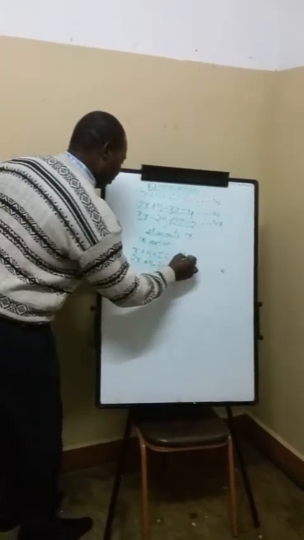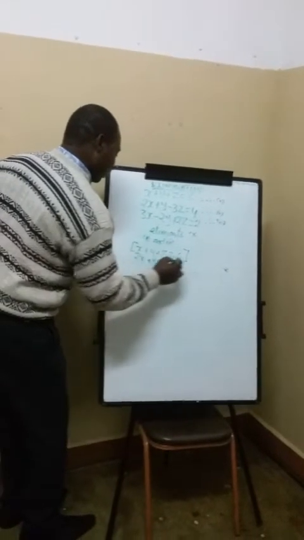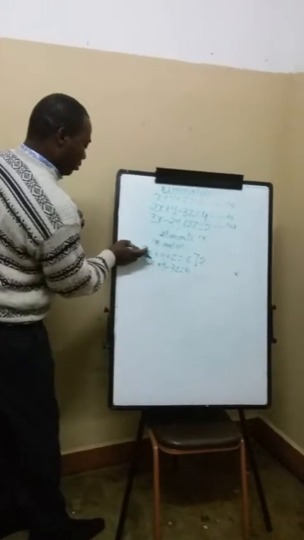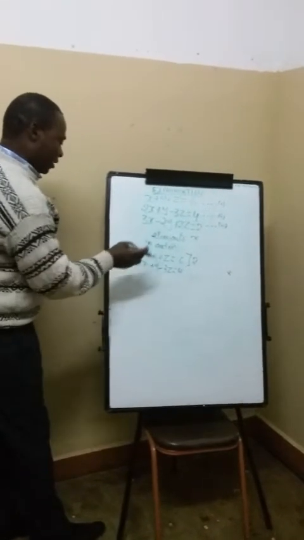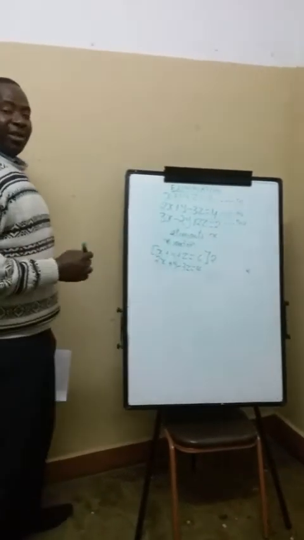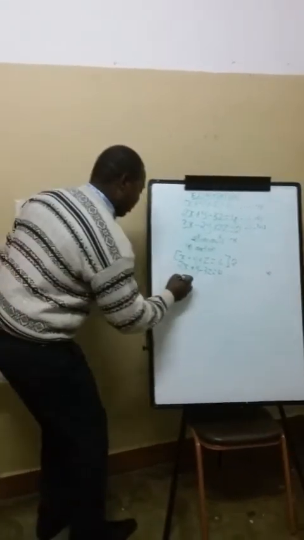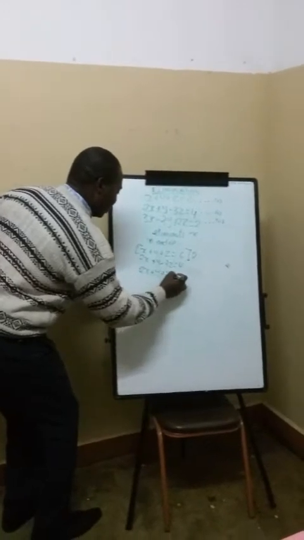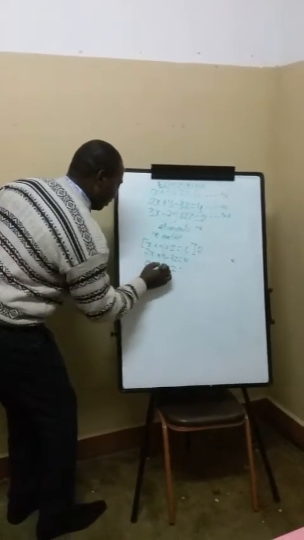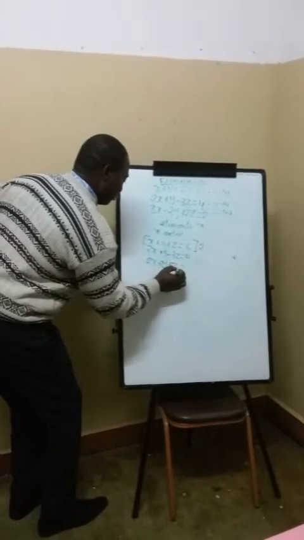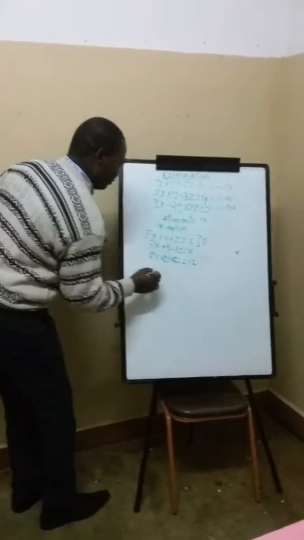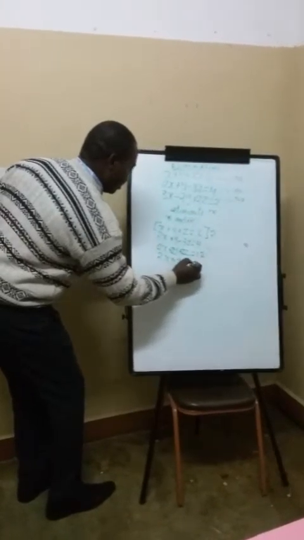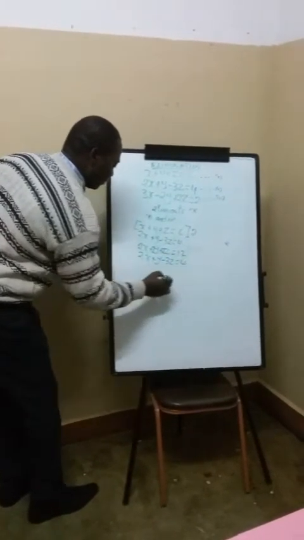We are going to multiply the whole of equation 1 by 2 so that the part that has x and the part that has x will be the same, so that we can do away with it. So we'll have 2x plus 2y plus 2z equal to 12. Then 2x plus y minus 3z equal to 4.